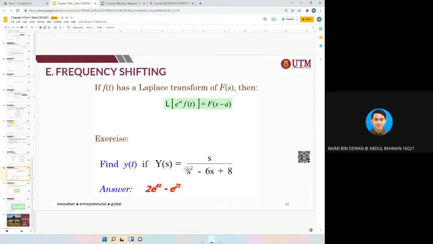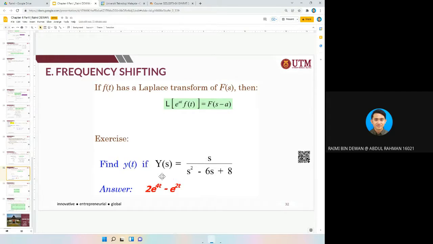If you can see, first the denominator here can be factorized. Factorized is, if I'm not mistaken, (s minus 2) times (s minus 4), and then you have s here. So try to solve this, then you will obtain your y(t).